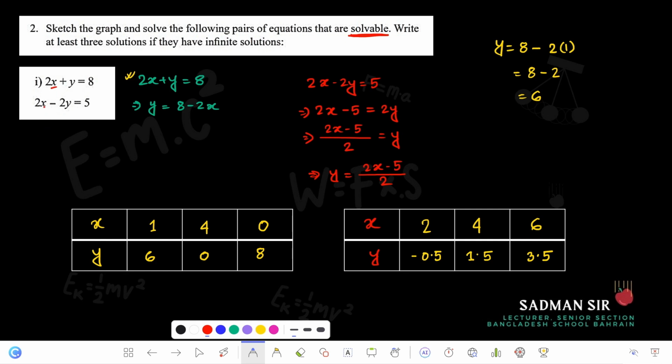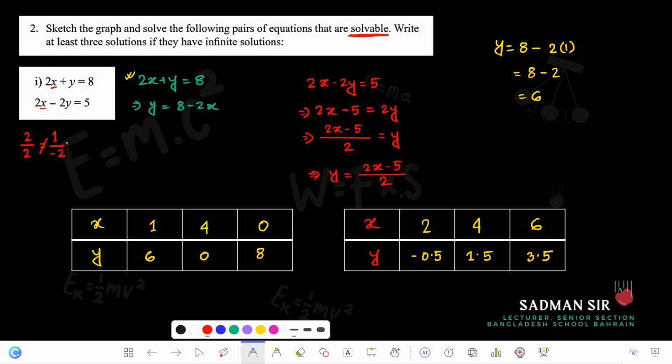So the coefficient of x here is 2 and also 2, so 2 by 2, that is the ratio of the coefficients of x. Now the coefficient of y is 1 divided by minus 2, right? Now these two ratios of coefficients are not equal, correct?